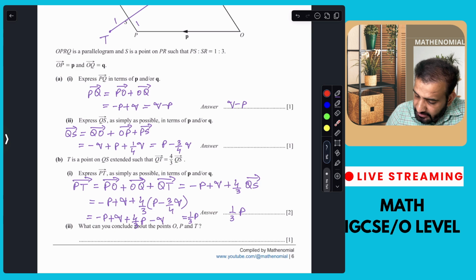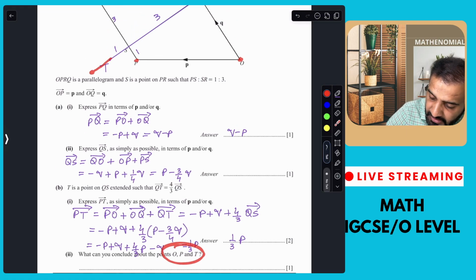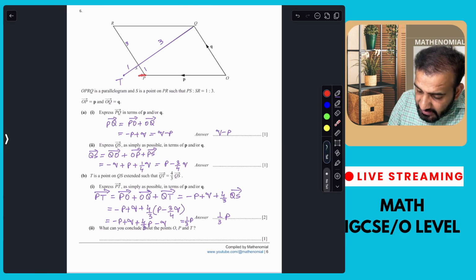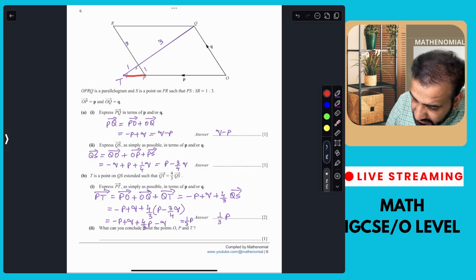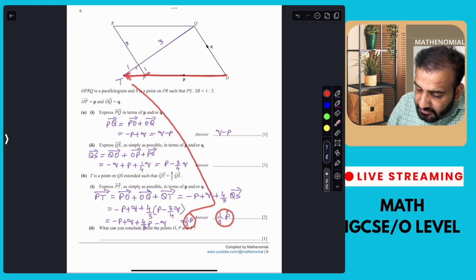What can you conclude about the points O, P, T? Now see, T could have been here also, but if T were here, the problem would not arise. We have calculated this PT and it is a multiple of P. It is a multiple of P, which means PT is parallel to this P vector.